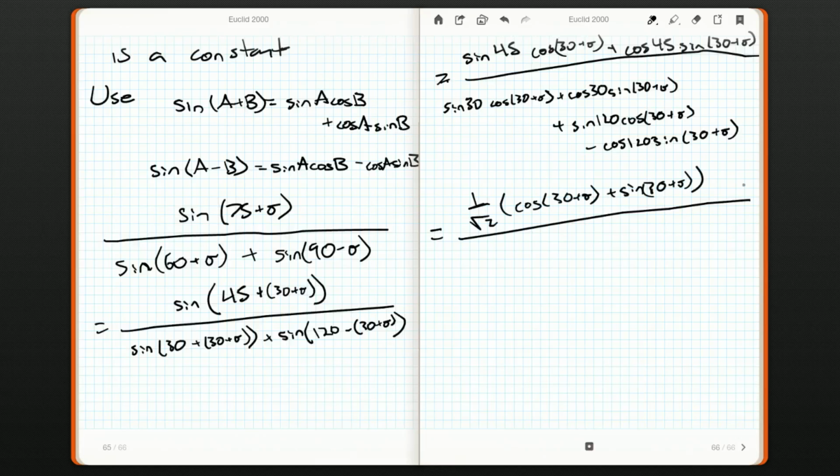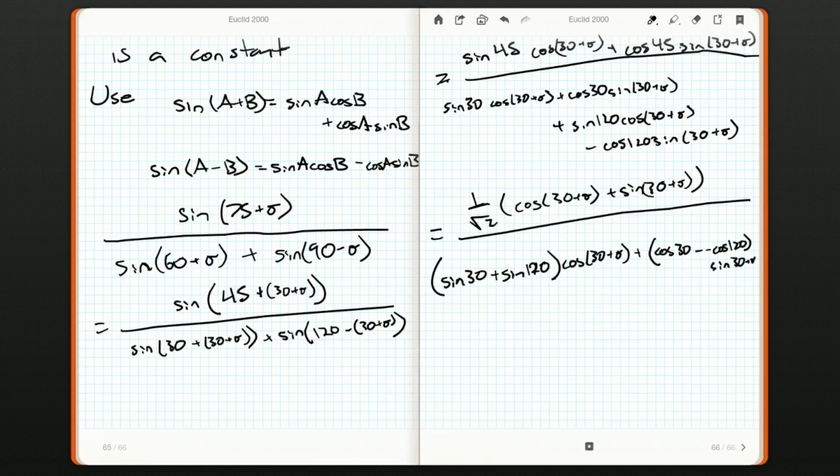And then cleaning things up on the bottom, we need to group things together. So the cos 30 plus sigmas, we're going to group them together, and that's sine 30 plus sine 120 cos 30 plus sigma plus cos 30 minus negative cos 120 sine 30 plus sigma.